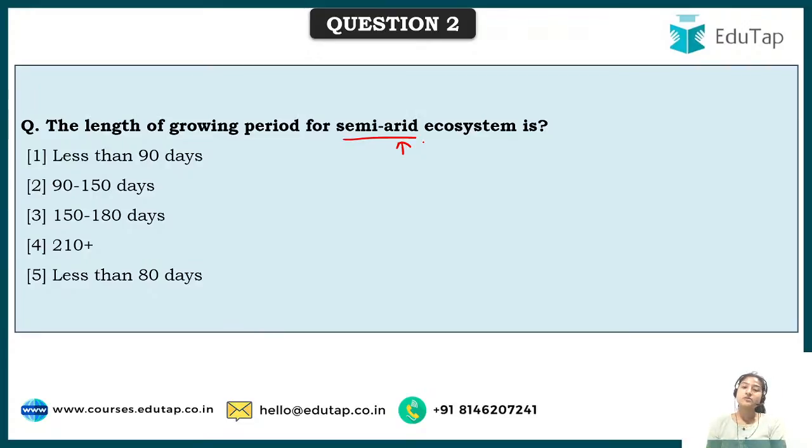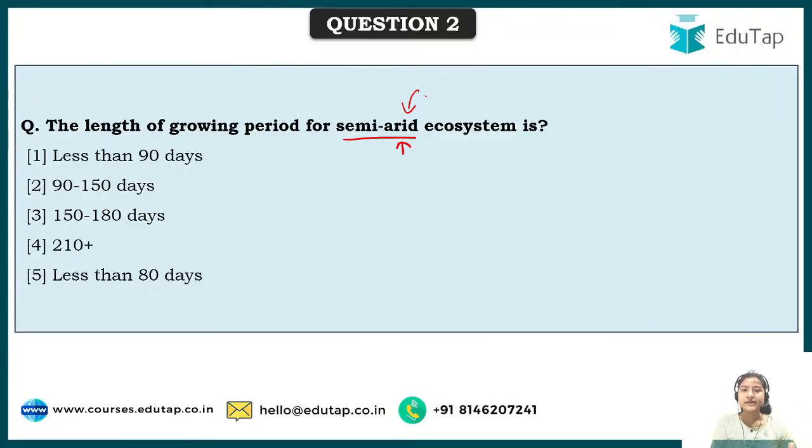As I said, many departments made their own classifications, but the government was still not satisfied, because India is so vast and so diversified, even in climate, that a new classification was done depending on the type of ecosystem present in a place, and one of them is semi-arid. So what is arid? Arid means dry condition, where there is not enough water for the survival of even plants and animals.